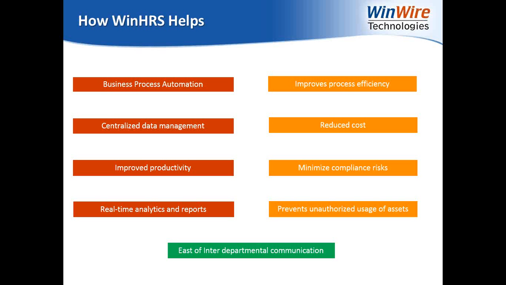For example, you want to focus on a particular person's offboarding due to some issues with that employee continuing with you, then you can expedite that particular process so that you can prevent any unauthorized usage of your company assets. It offers interdepartmental communication, and it enables collaboration across departments.